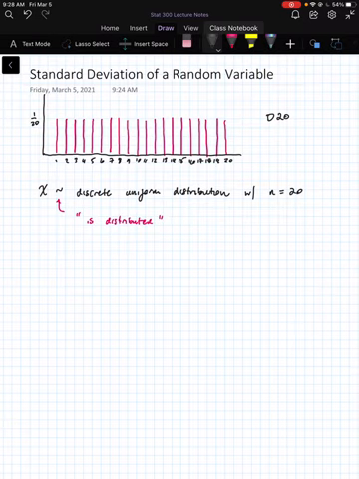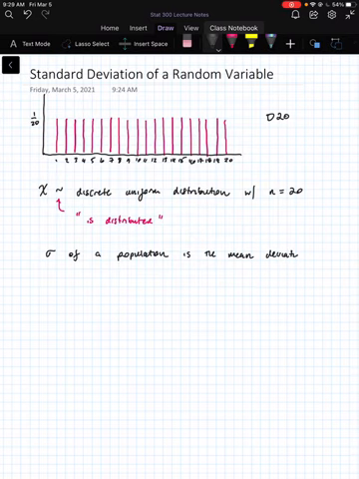Specifically, we had, for standard deviation of a population, since I'm going to be consistent and write population, is the mean deviation of data values from the population mean.